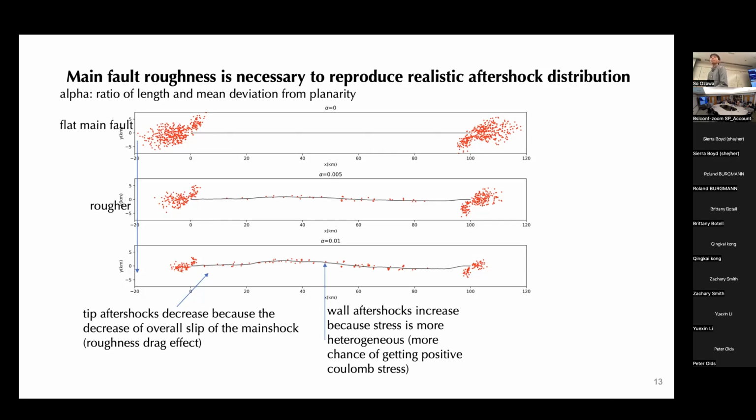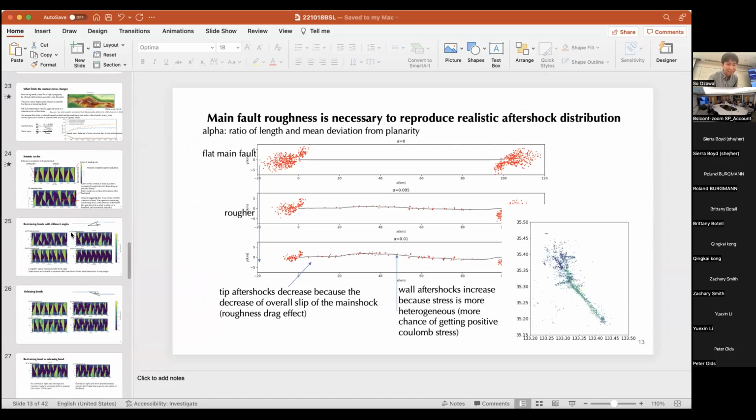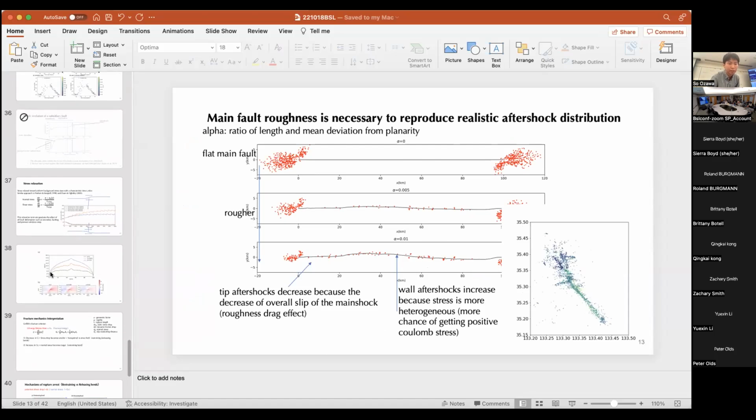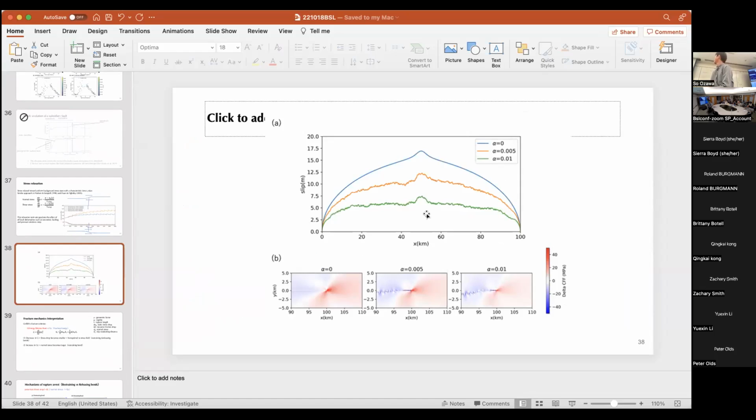How different is the slip distribution? Is it just more ragged, but still the same? So it's a very good point. I have one extra figure explaining the slip distribution for different alpha.